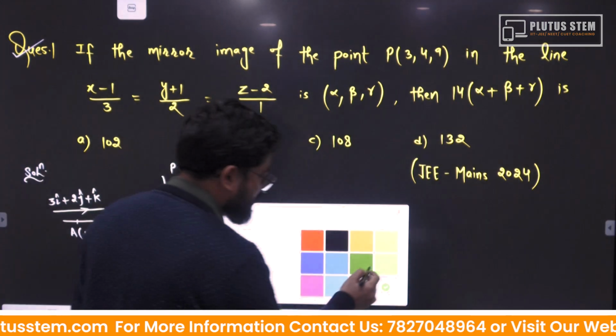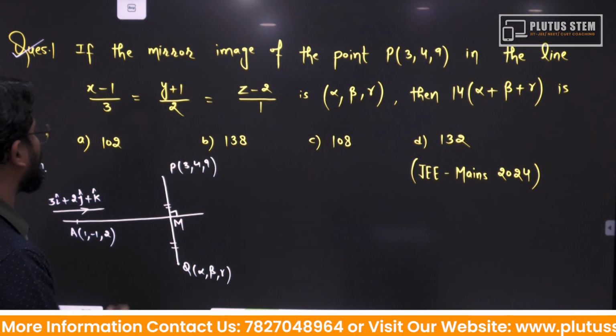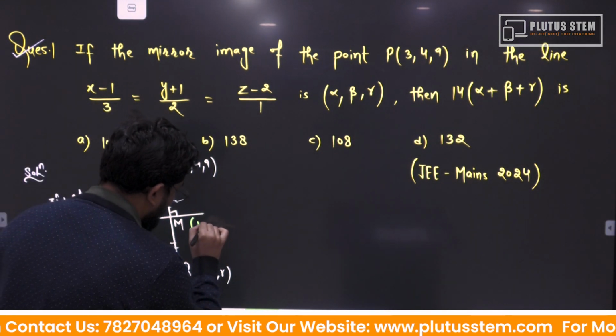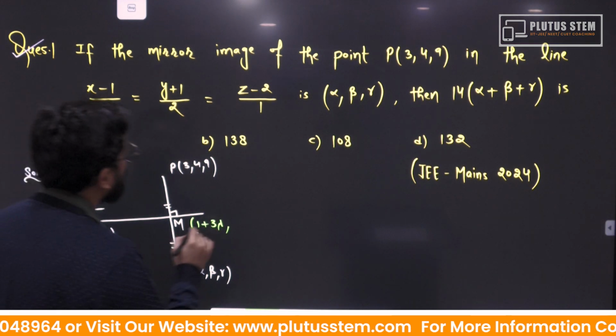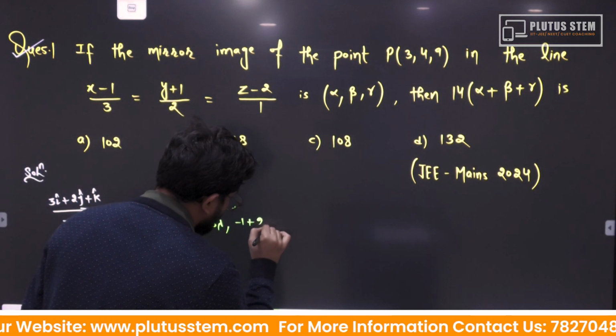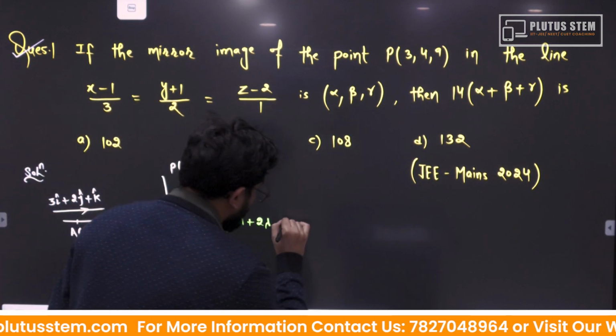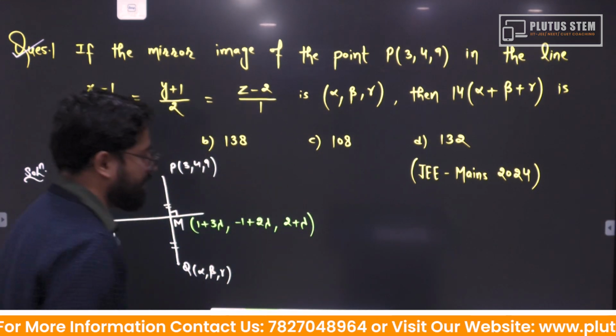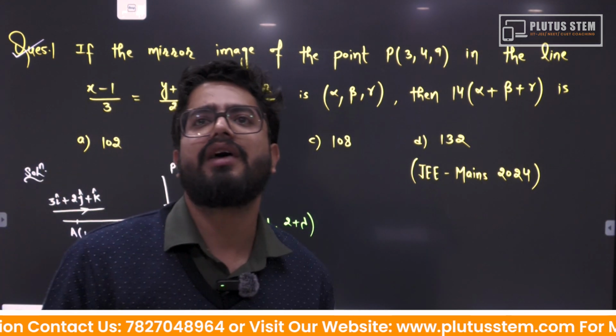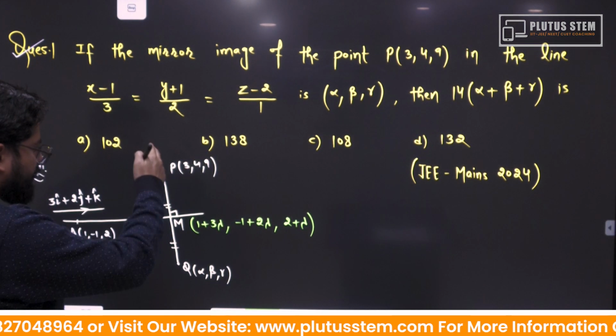So how can you find this? Coordinate of M are 1 plus 3 lambda, minus 1 plus 2 lambda, and 2 plus lambda. Now you can find the PM vector.